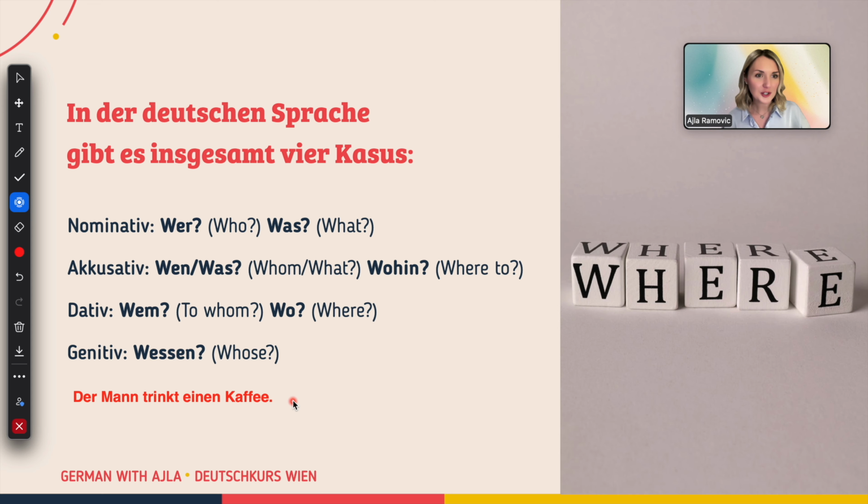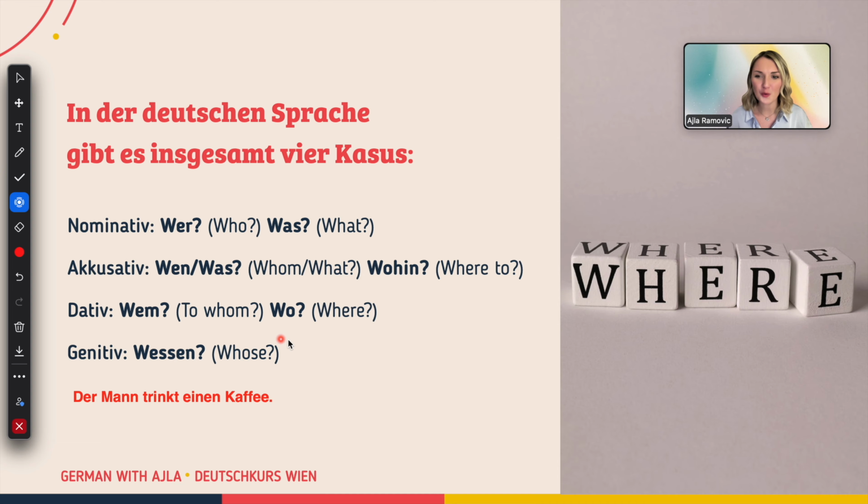I also want to show you the other two cases that are still left, even though we will not go into detail, but just quickly to mention them. There is also dative, answering the questions wem oder wo, so to whom and where.